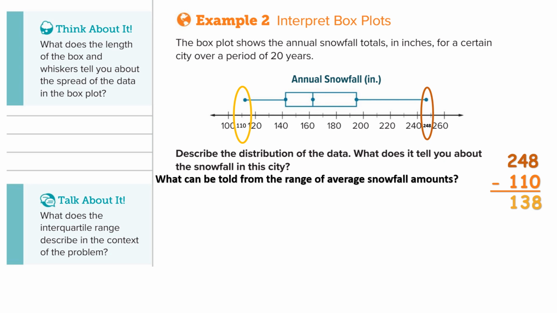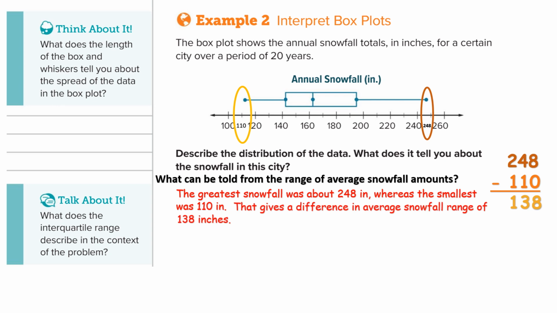So what can I tell about the range of the average snowfalls? Well, I'm going to say that the greatest snowfall was about, notice the keyword about, 248 inches, whereas the smallest was 110 inches. And then I tell what the range is. That gives a difference in average snowfall range of 138 inches.